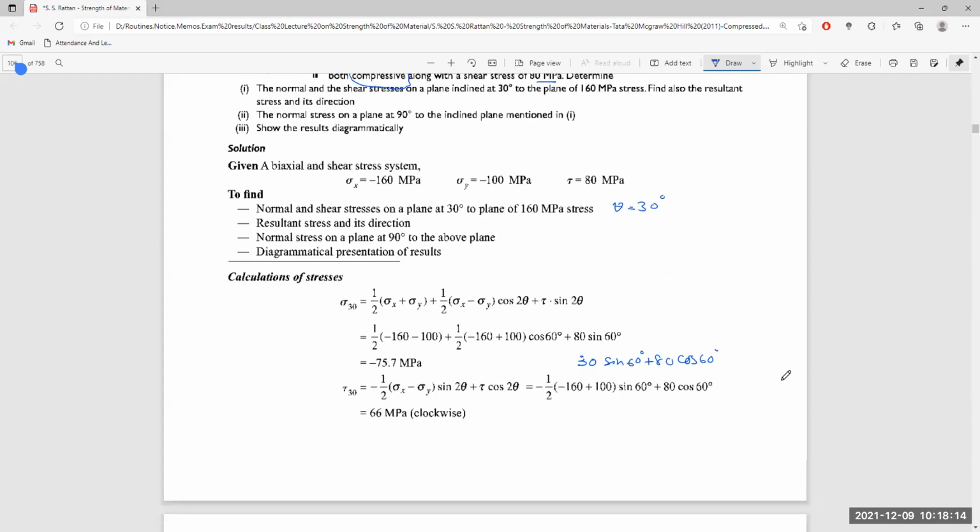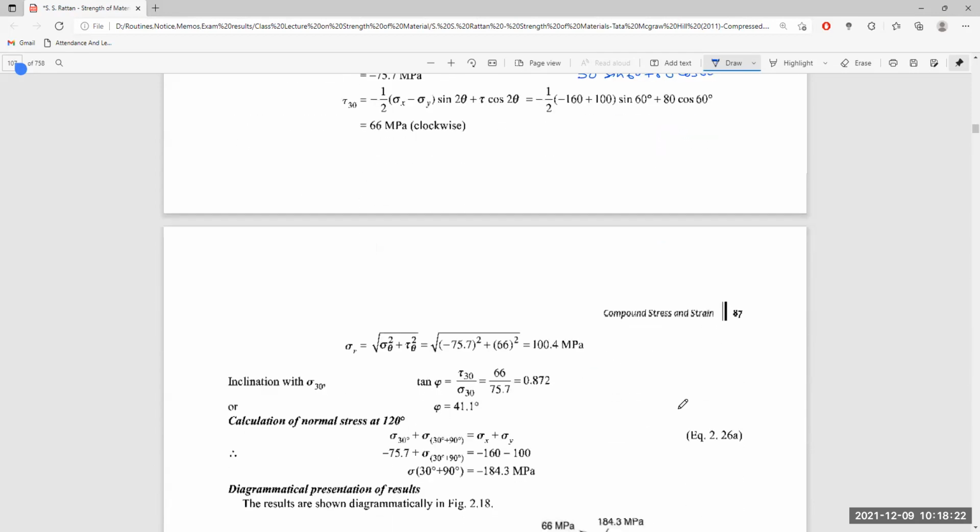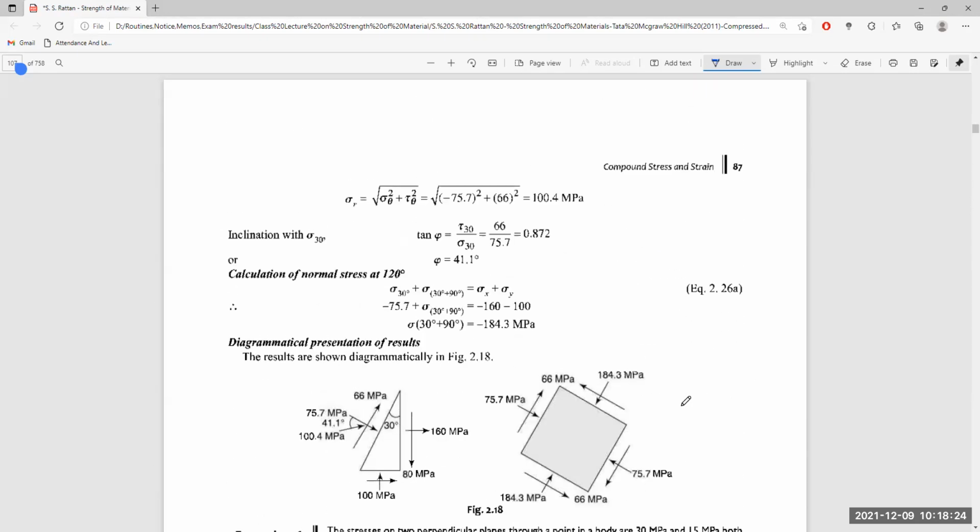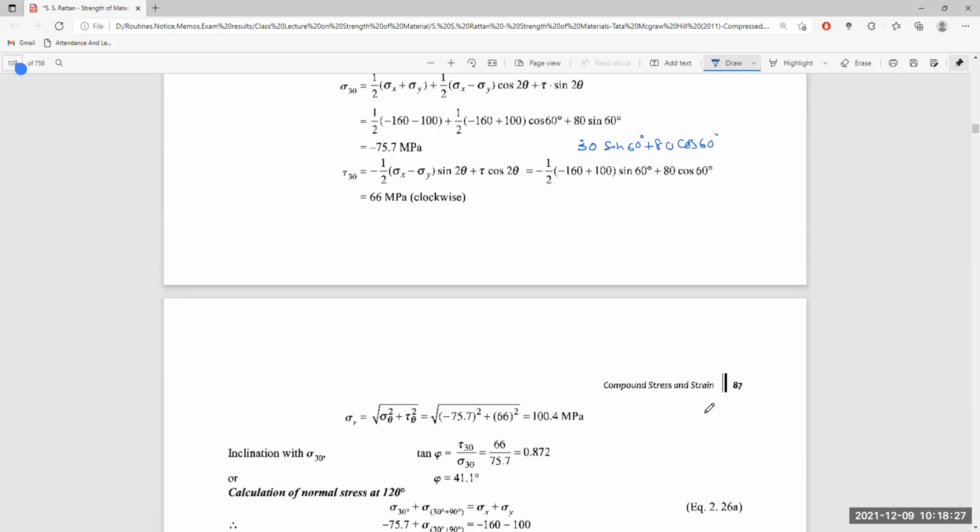Next, problem number 2, the normal stress on the plane at 90 degree inclined plane. Then the resultant stress will be the square root of sigma theta squared plus tau theta squared, the square root of minus 75 squared plus 66 squared.